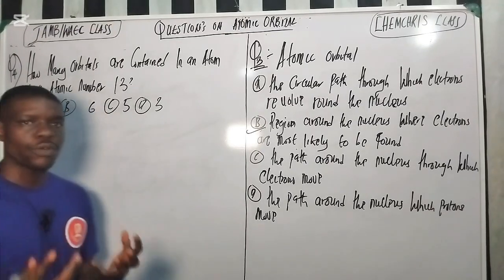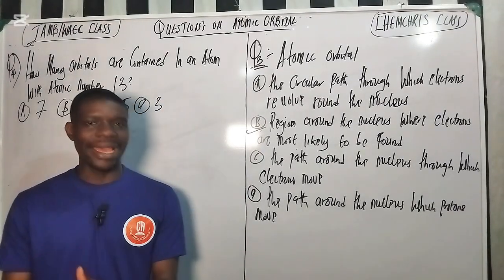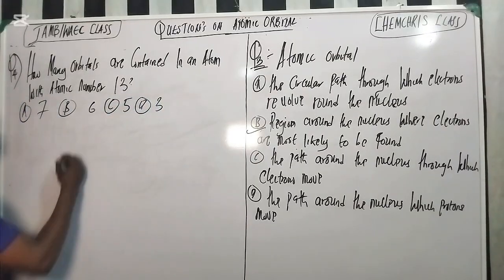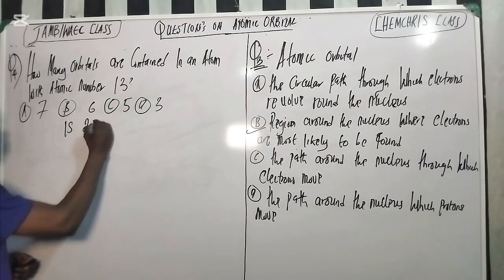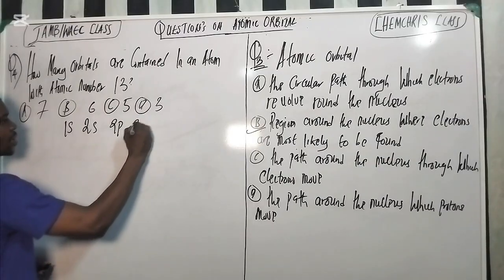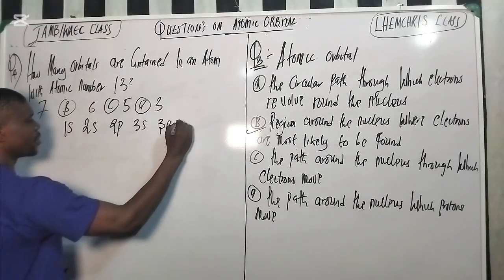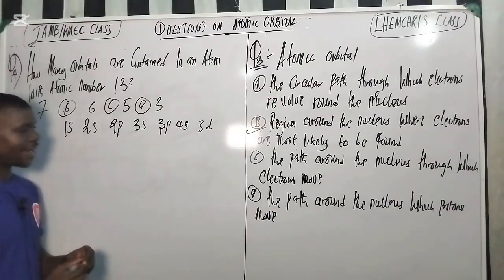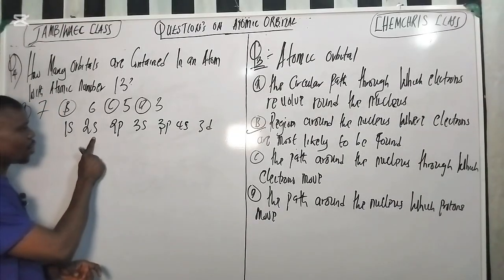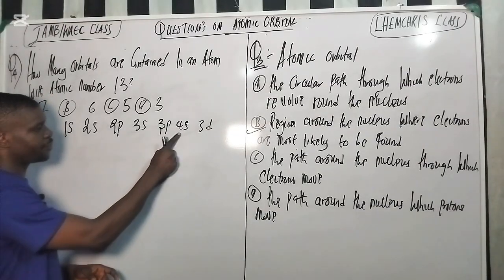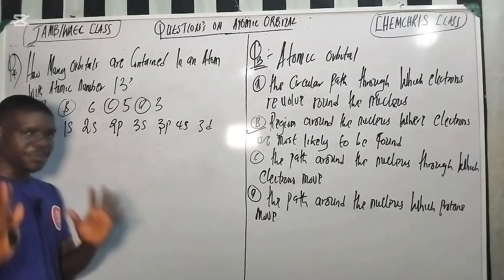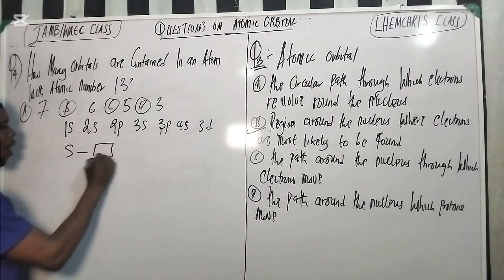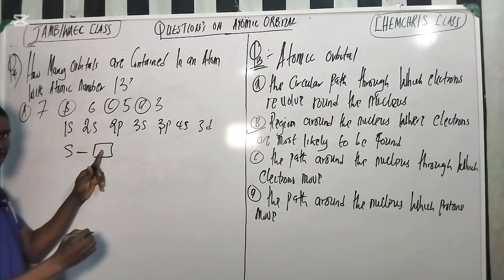To write the electronic configuration for JAMB, WAEC, and secondary school, you need this: 1s, 2s, 2p, 3s, 3p, 4s, 3d. Please pay close attention. Remember, the s orbital contains only one suborbital.